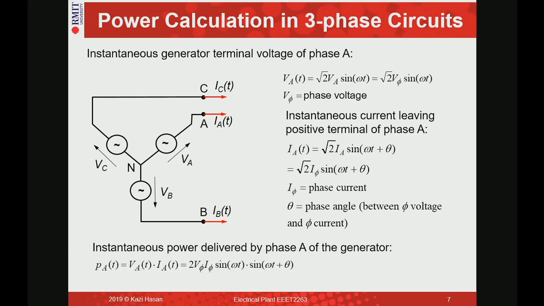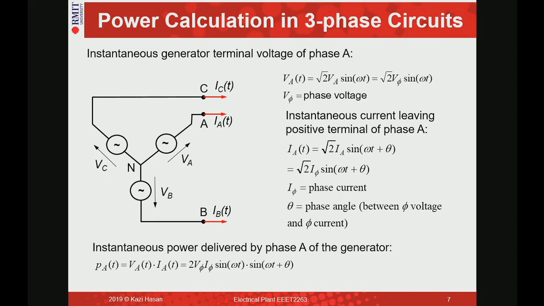Now if we want to calculate the power for each of the phases, this is phase A. The power will be P equals VI, voltage of phase A times current of phase A. Once we multiply voltage and current, we get 2 V phi I phi sine omega t sine (omega t plus theta).